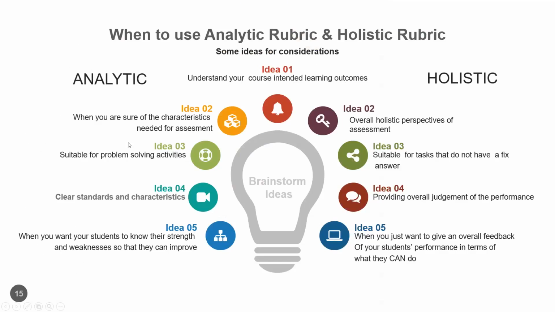Kalau dia nak menyelesaikan masalah, if it's actually solving problem activities, then it's best to use analytic. But if it's just a generic way of doing things, kriteria dia tak banyak, dia macam very specific saja, very generic saja, then you can actually use holistic, because when you're using holistic rubric, you are providing the overall judgment.